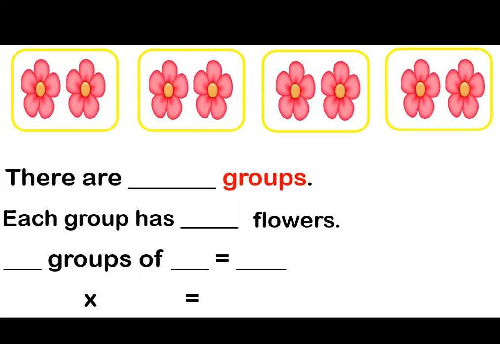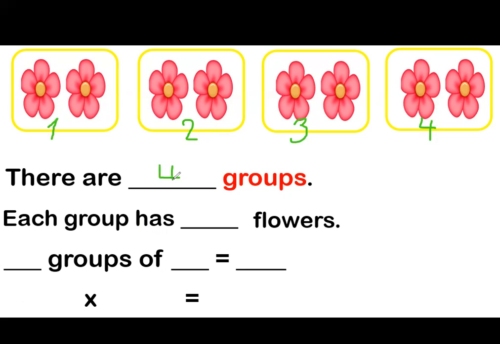Sai, how many groups are there? When we say group, like this, group. So let's count how many groups are there. 1, 2, 3, 4. How many groups? 4.